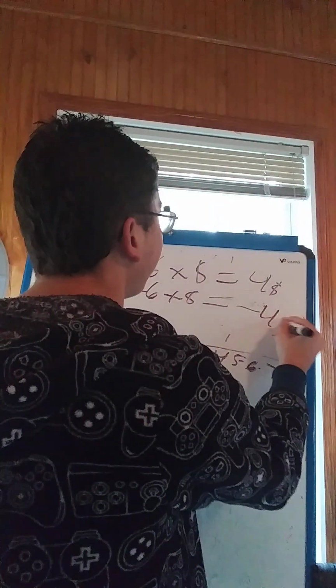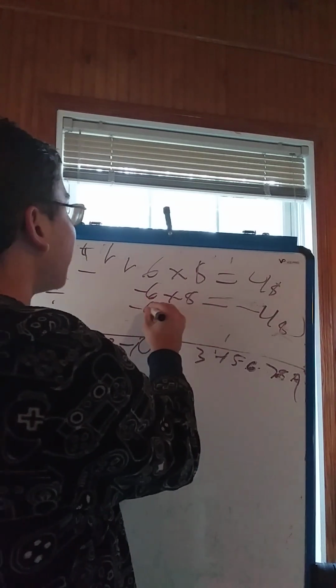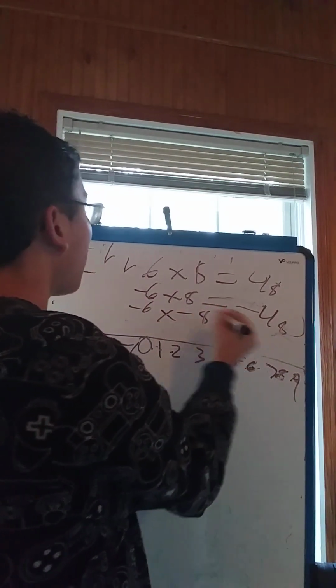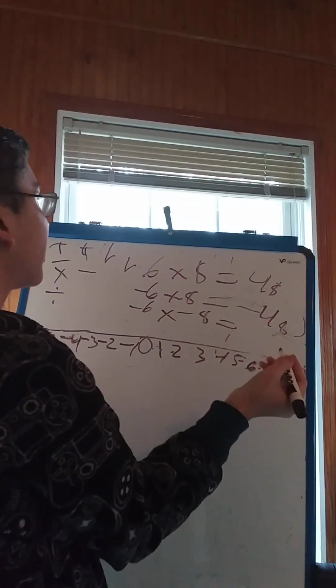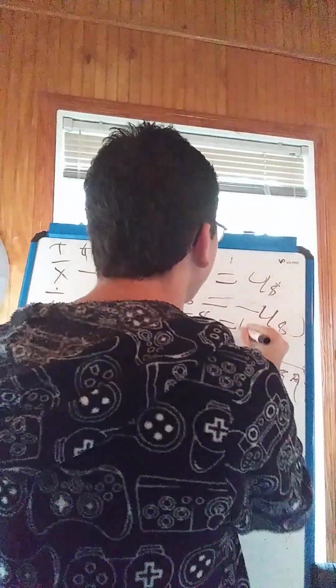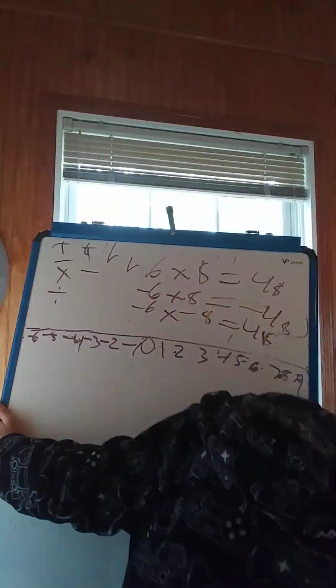When you have negative 6 times negative 8, well, both of these are the same sign, so your answer would be positive. Forget about the sign for these numbers. So again, that would be positive 48.